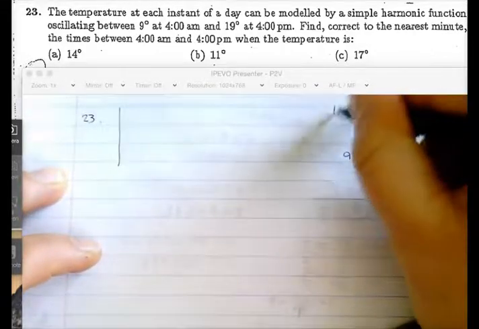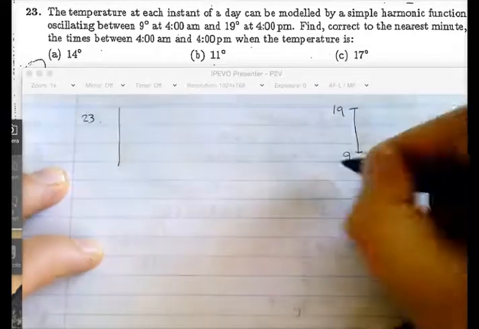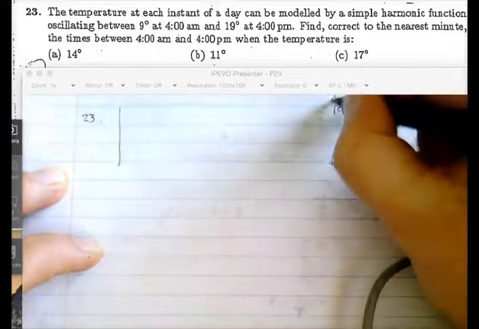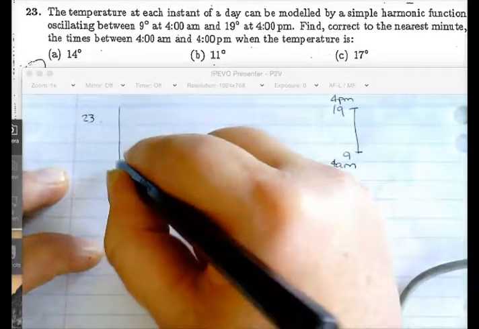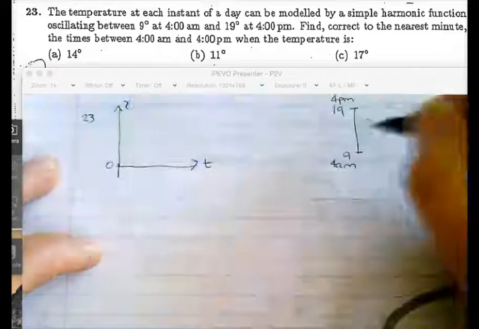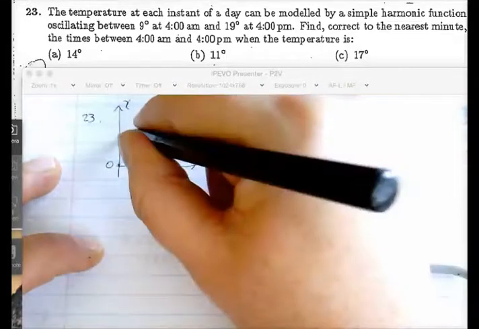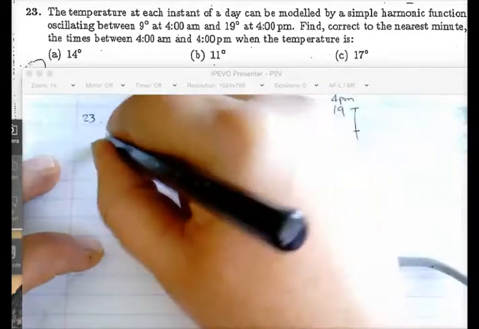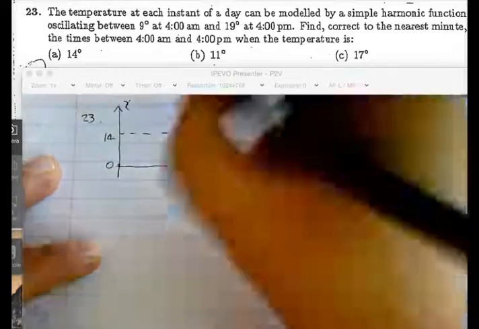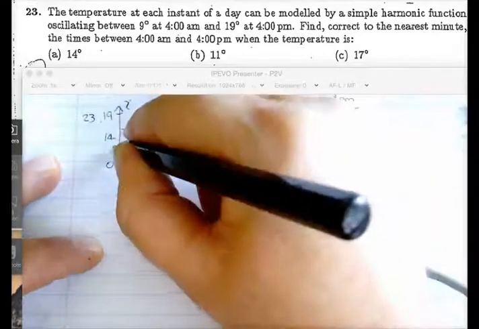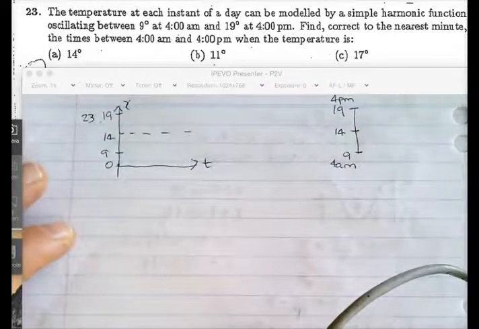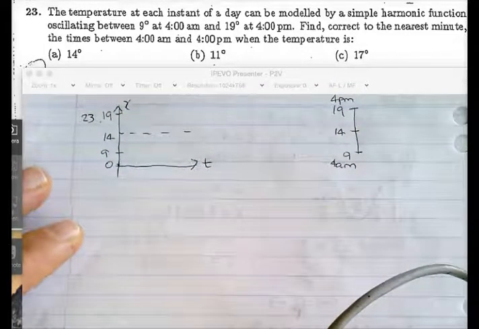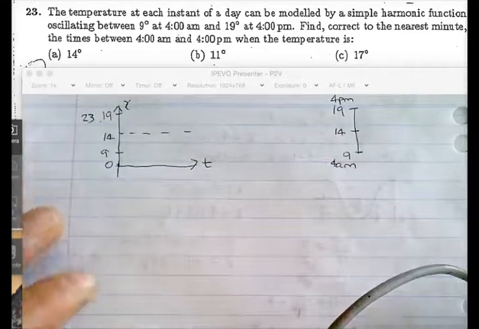It goes between 9 and 19, right? 9 is at 4 a.m. and this is at 4 p.m. Now, I can do the graph with 0 there and time there, and I can go, yes, halfway between those is 14, and do 14 as my halfway mark. I can do this, but I don't want to. And 19 and 9, and the temperature, it's 9 degrees at 4 a.m.